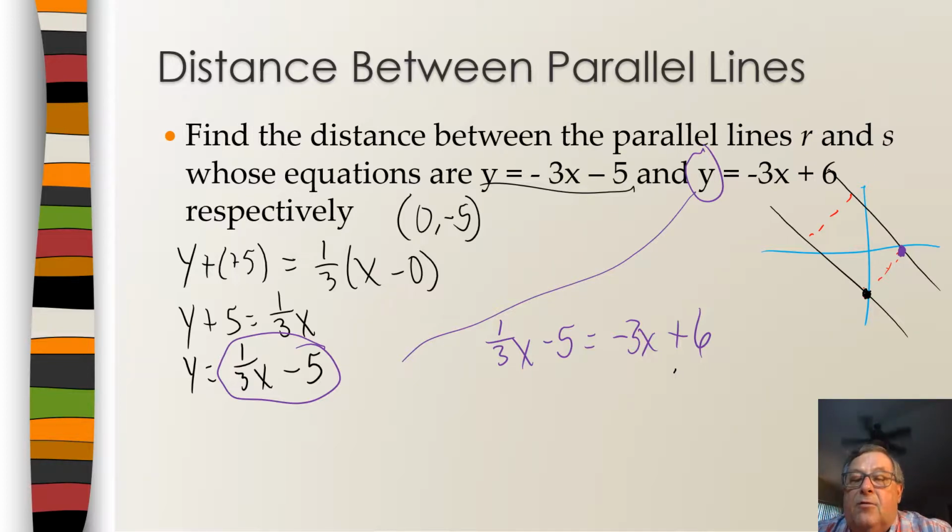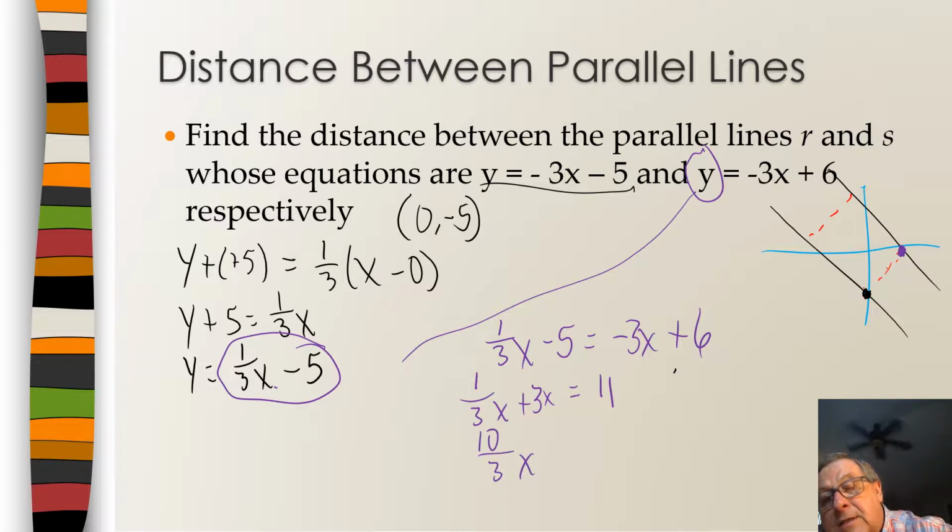All right, well, let's add 3x to both sides and add 5 to both sides. And once we do, we got 1/3 x plus 3x equals 11. Hopefully you can see your way through what I did. And 3x is the same as 9/3 x. And so when I add those together, I got 10/3 x equals 11.